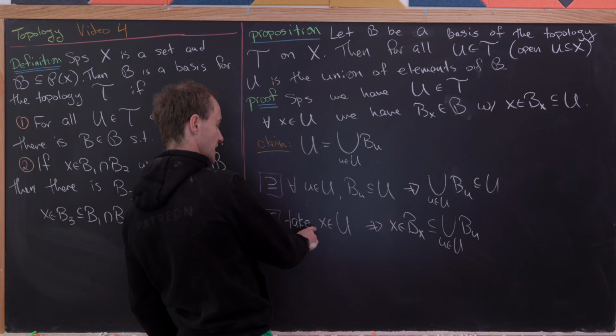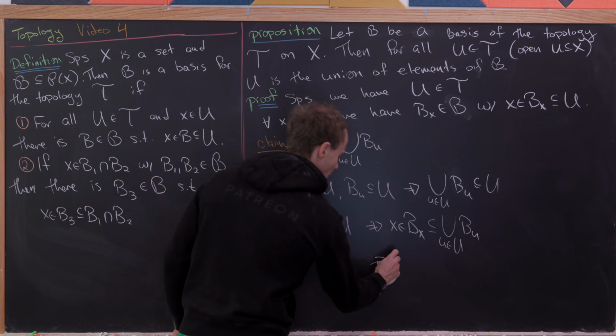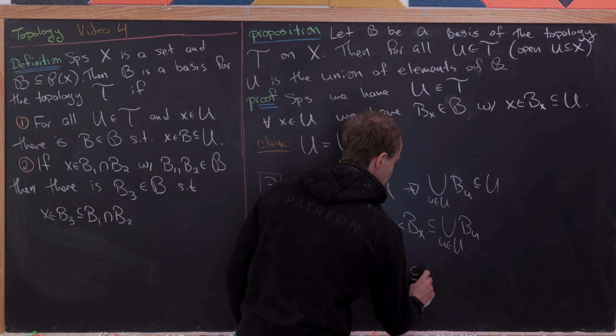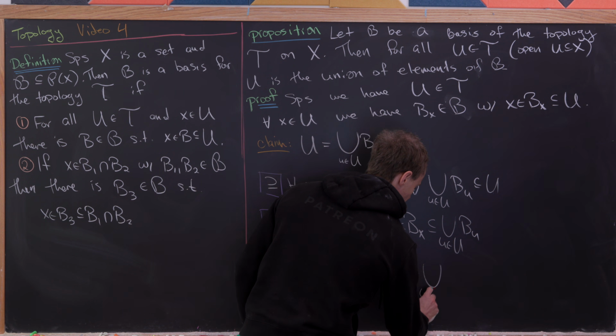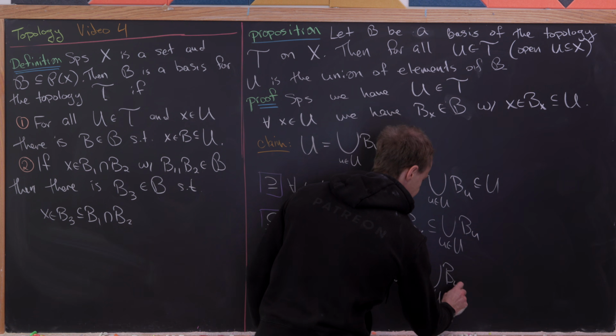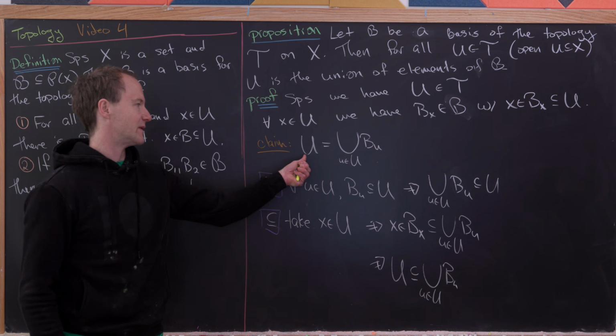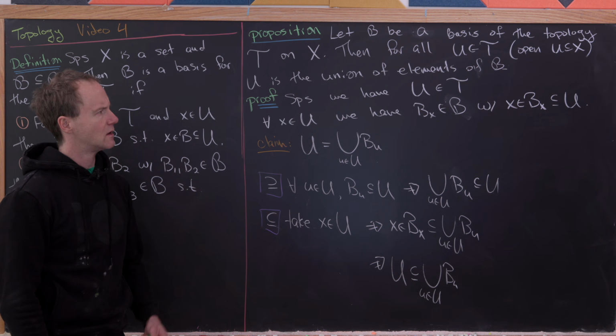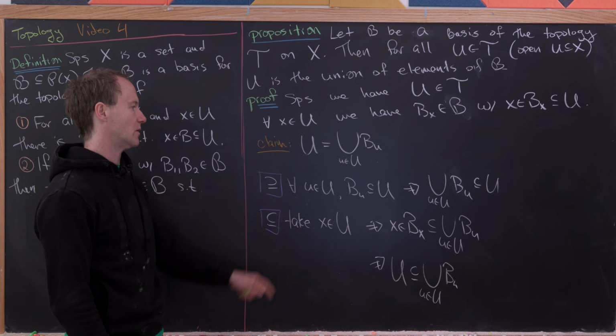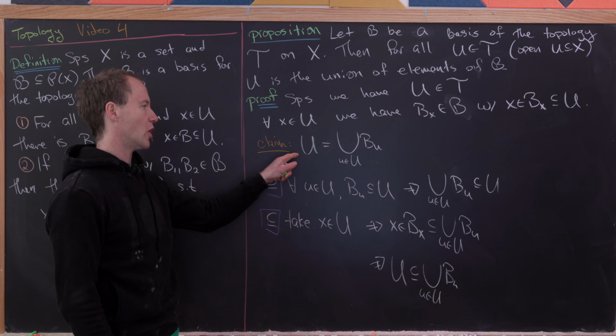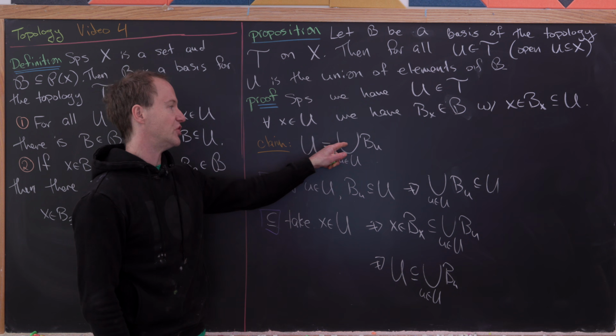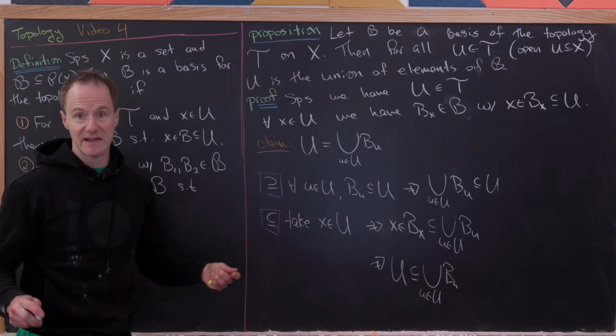But starting here and ending here is exactly what we need for U to be a subset of the union over all u in U of B_u. But those two containments prove this right here. But that's exactly what we wanted to show. We've got our arbitrary open set is the union of our basis subsets here.